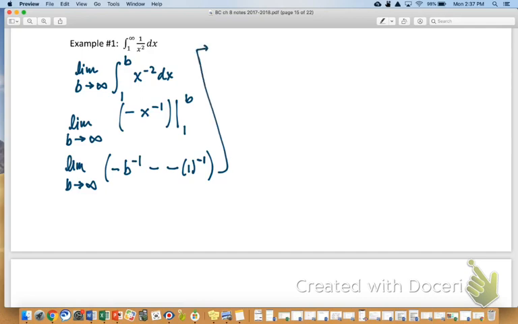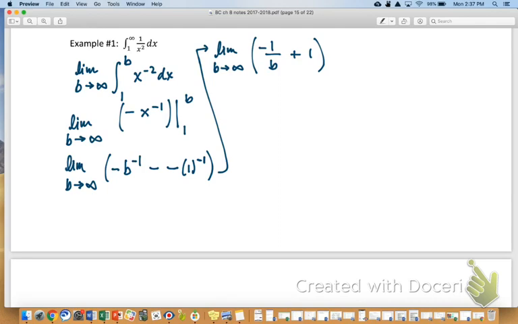And then I'd clean this up a little bit, and I'd say the limit as b goes towards infinity of, I could write, negative 1 over b. You guys okay if I just write it like this? Negative 1 over b plus 1?